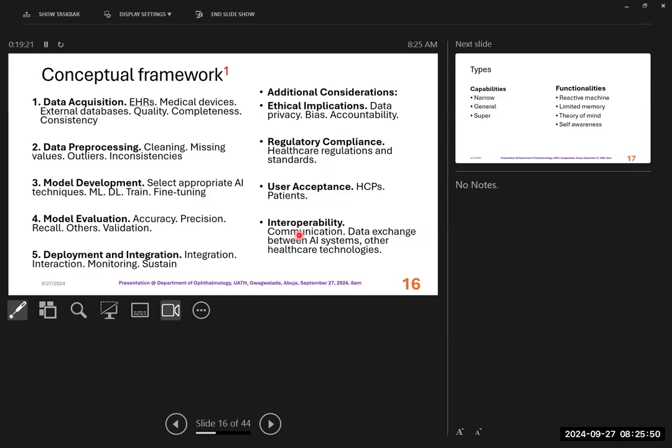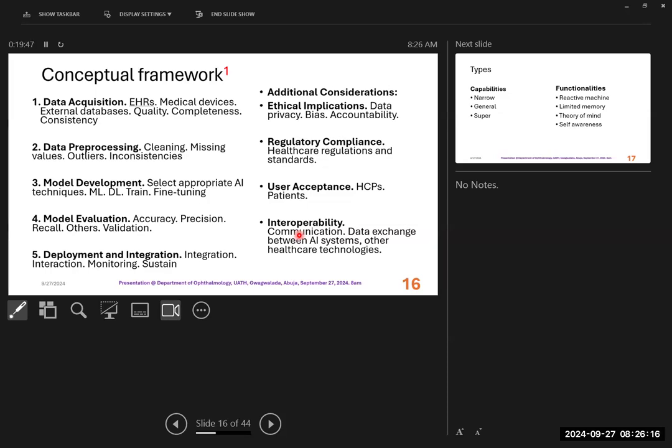Then user acceptance: the eye health professionals, if we develop a certain robot, is it something they will appreciate? Is it something they will approve, or will it be outright rejection by the eye health carers? Then the patient, is it something that will be frightening them?